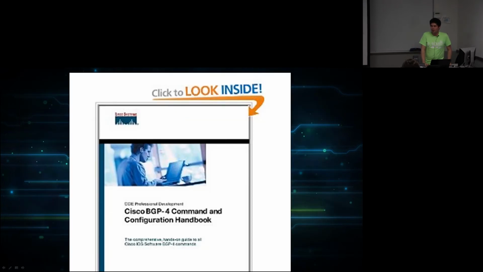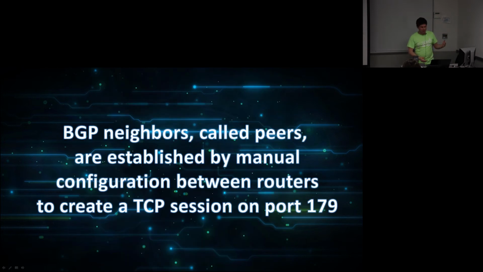So what is Border Gateway Protocol? Cisco has a long, about 4,000 or 5,000 page manual on what Border Gateway Protocol is. So I'm going to try to explain that in 4 slides. Let's see what happens. In Border Gateway Protocol, neighbors called peers are established by manual configuration.